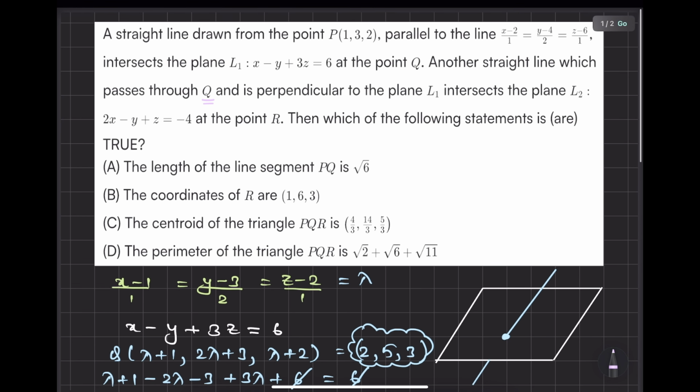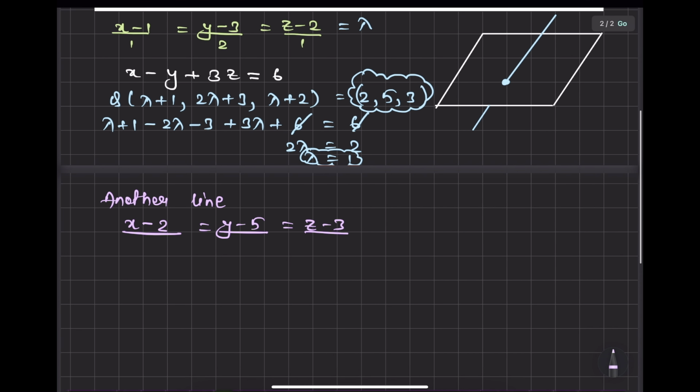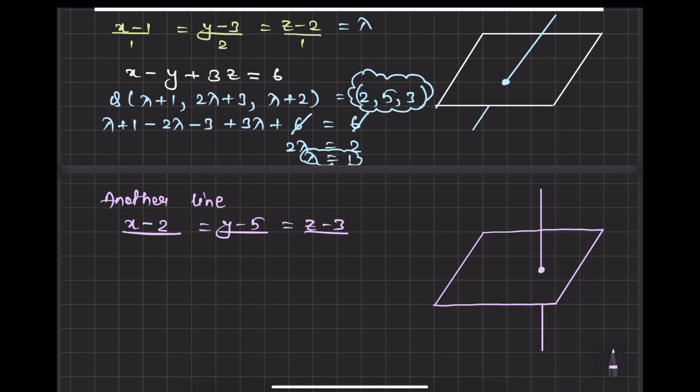Now we need a vector perpendicular to the plane L1. So that has to be perpendicular to this. Now suppose that this is your plane 1. You need to write down the equation of the line which is passing through Q. Suppose this is your Q, and it is perpendicular to the plane L1.